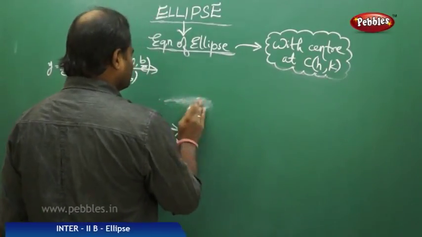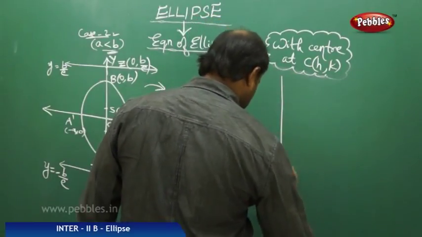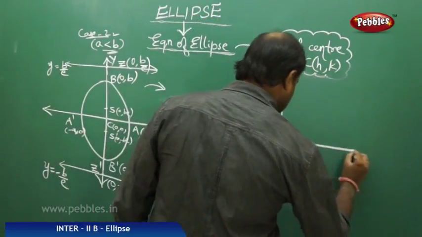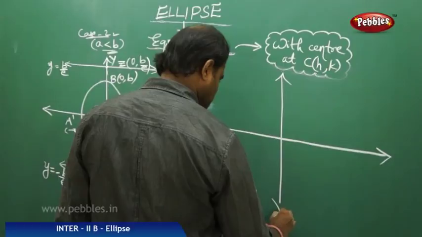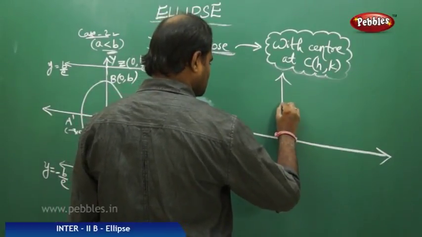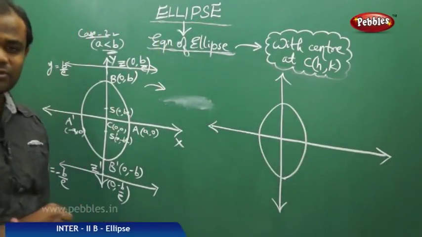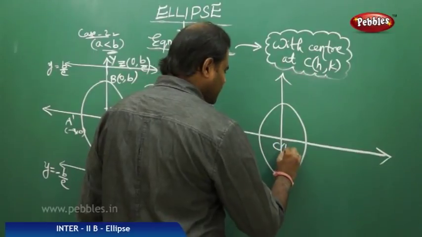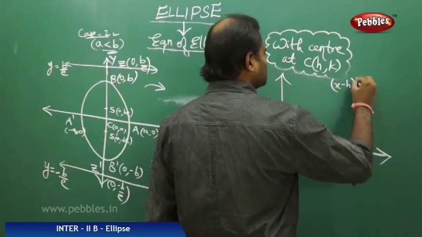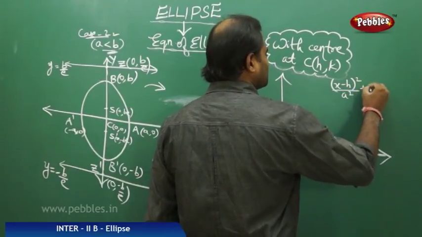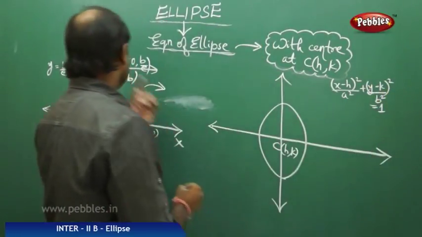So in this case of the transformed equation, I get the new transformed equation of the ellipse with center being (h, k), and for the ellipse, x minus h whole square by a square plus y minus k whole square by b square equal to 1 with a less than b.